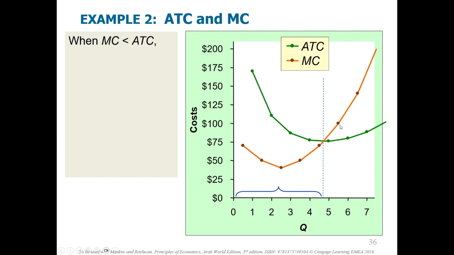At 5, the marginal cost is about 85, but your average total cost is about 75. As soon as the marginal cost is above the average total cost, the average total cost starts to rise. So marginal cost pulls it down when it's below it, and pulls it up when it's above. Where they meet is where your average total cost is at its minimum. This point is the minimum.